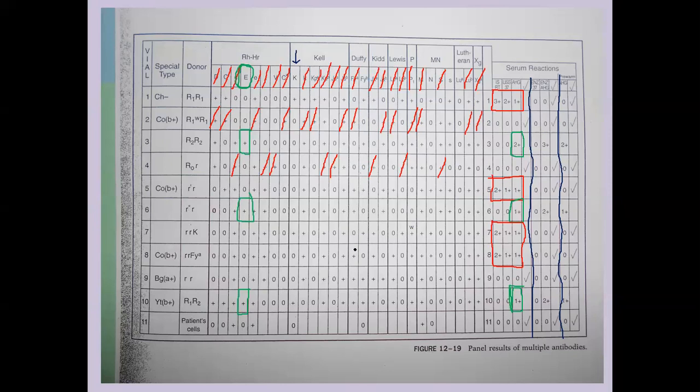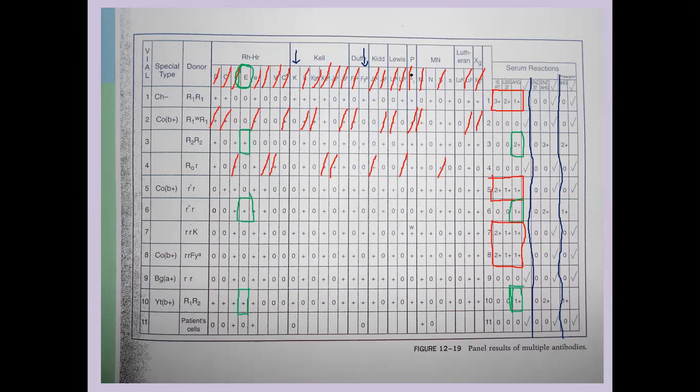This one looks like it could, even though the pattern isn't perfect, that it's kind of like the big K. We can't say for sure what's going on with it. So we need to do more work before we can say anything about either one of those, because some of the positive reactions fit when the antigen is there and some of the negative ones do too. It's not a complete, oh, they completely don't match. So we can't rule that one out either.